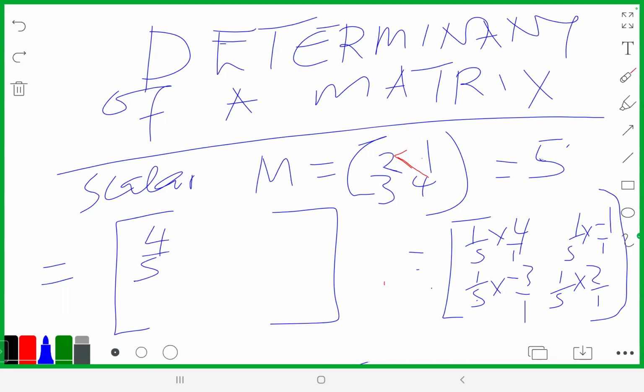Then here, 1 times negative 1. What is 1 times negative 1? It's negative 1, over 5 times 1, which is 5, right? Are you able to follow?